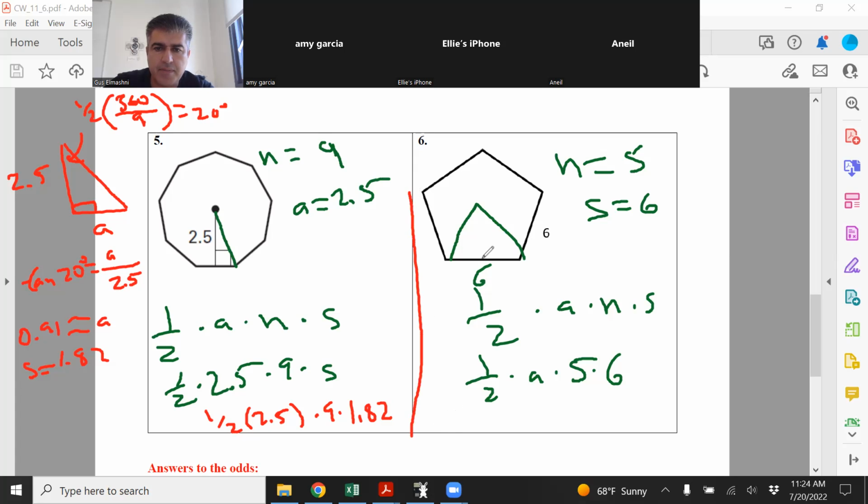Then here, that's gonna be 3 because it's half the side length, and we'll call this A here. And remember, we went all the way around, that was 72. But you gotta split it.